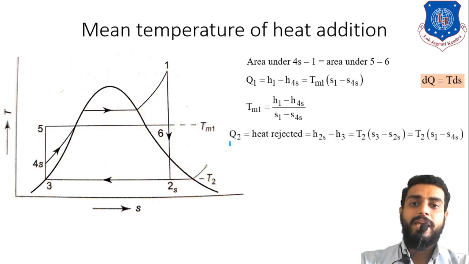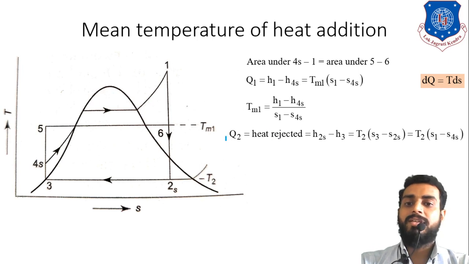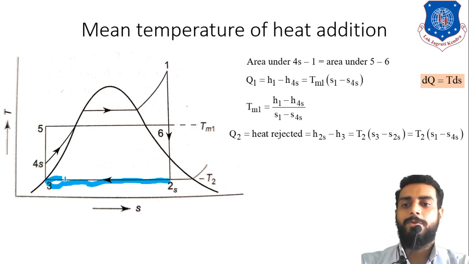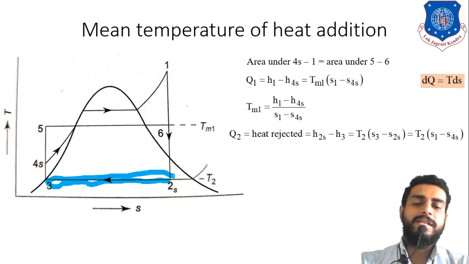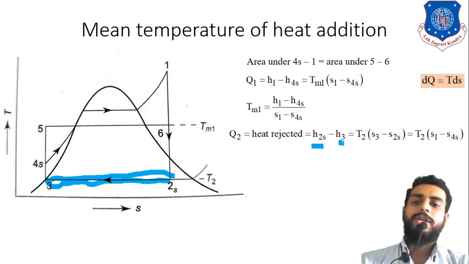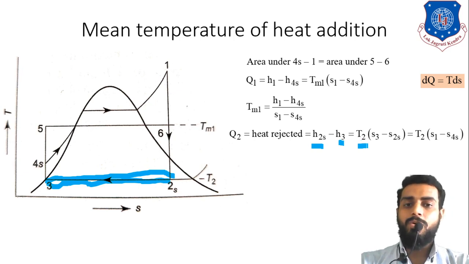Now further, heat rejected Q2 is nothing but, this is the heat rejection process, the 2s to 3 process. So heat rejected is nothing but the enthalpy difference, H2s minus H3. In other words, I can write it in T delta S form also, that is T2 into S3 minus S2s.